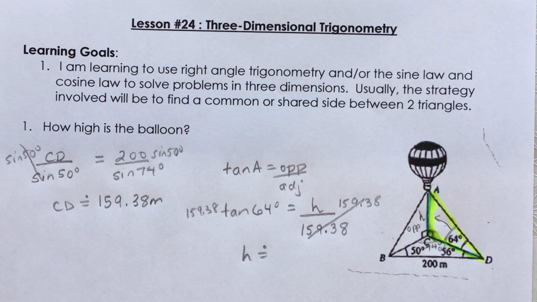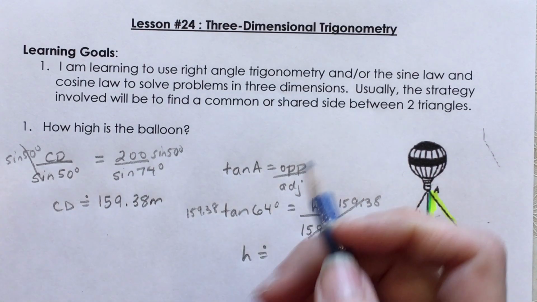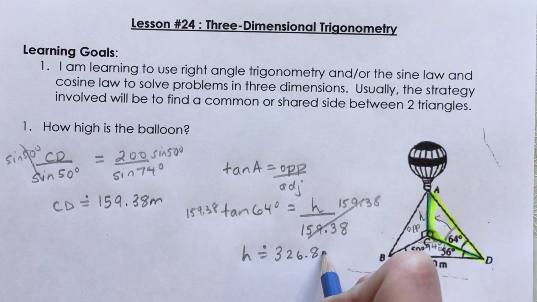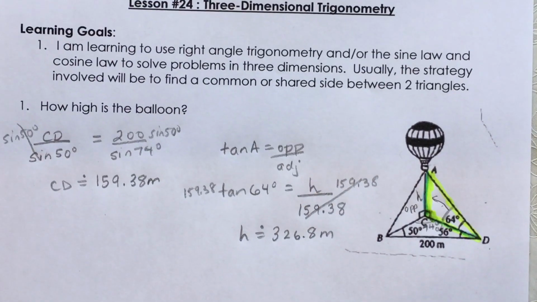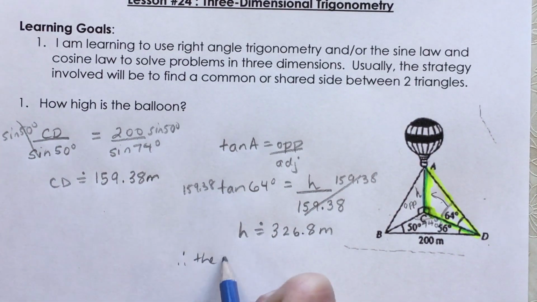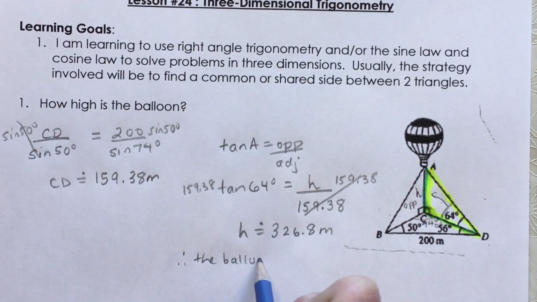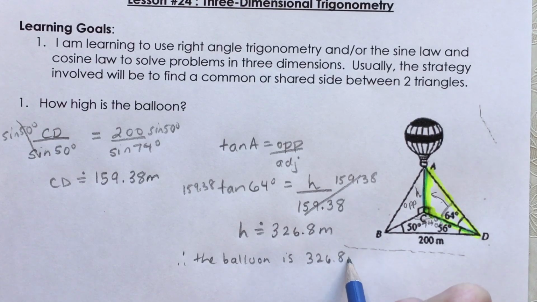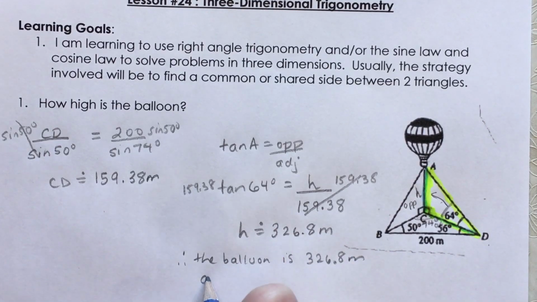So I'm doing 159.38 times the tangent of 64 and you get 326.8 approximately. And look for units, meters. And since it's a word problem, we'll add a little statement there. Therefore, the balloon is 326.8 meters above the ground.